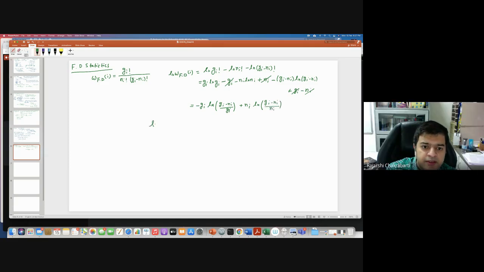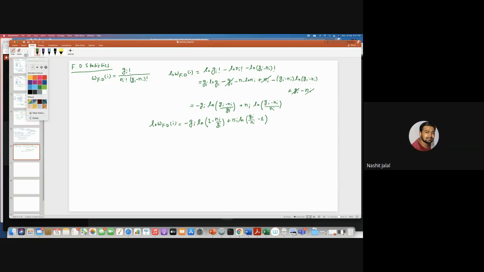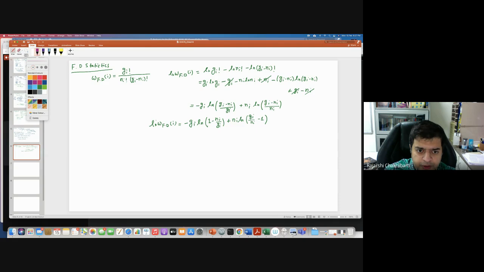I'm going to get ln W_i equal to minus g_i ln(1 minus n_i by g_i) plus n_i ln((g_i minus n_i) by n_i). Fine? Yes, sir. I hope this is fine. This is for Fermi-Dirac.